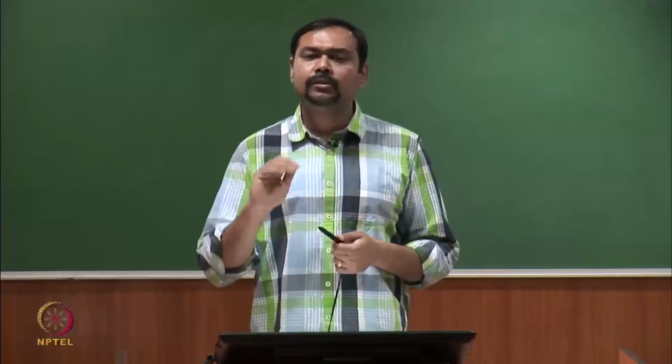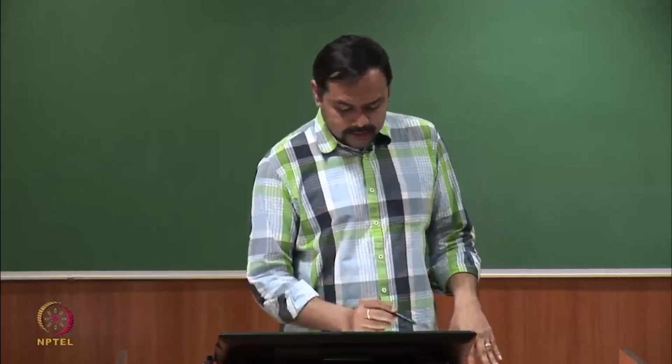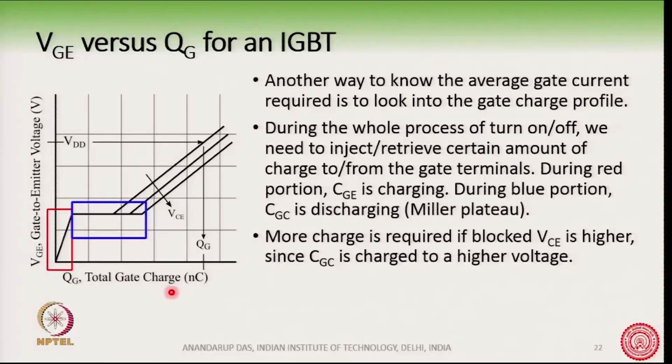If you do it slowly, you will turn the device on slowly. How much gate charge is needed is often available in the data sheet. Here I have taken it from a generic data sheet. This is the total gate charge on the x axis and this is the VGE voltage.